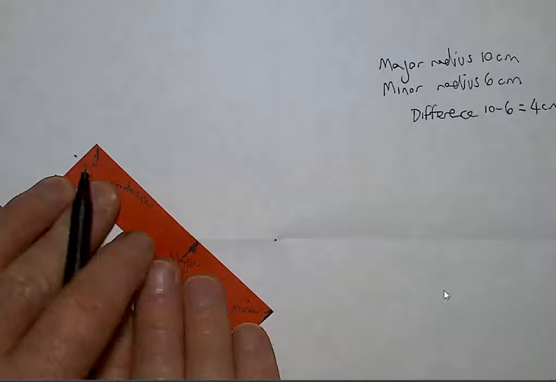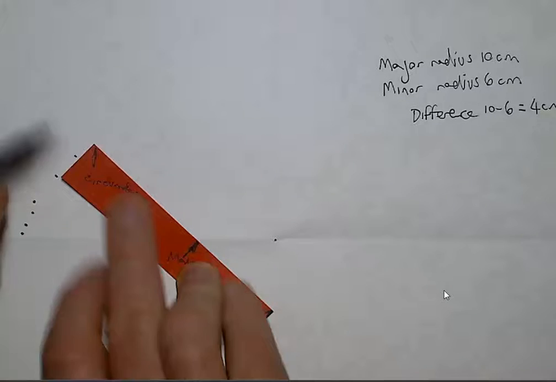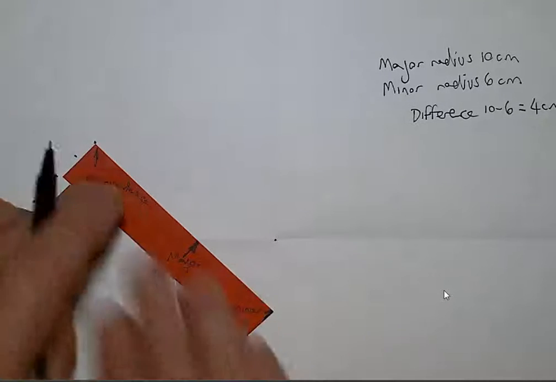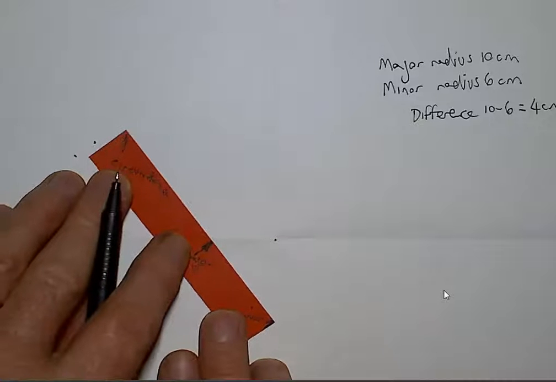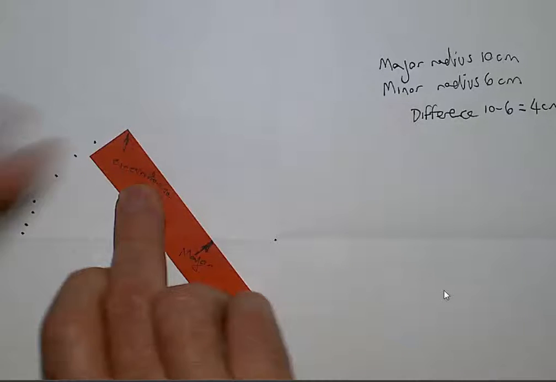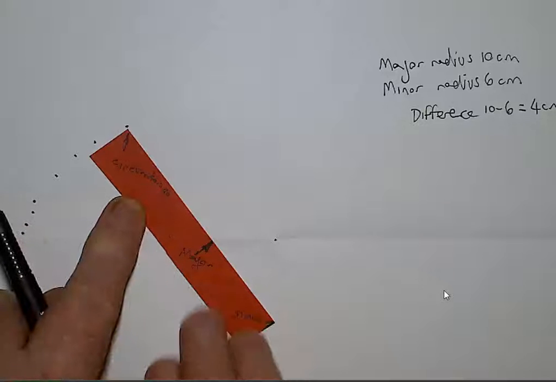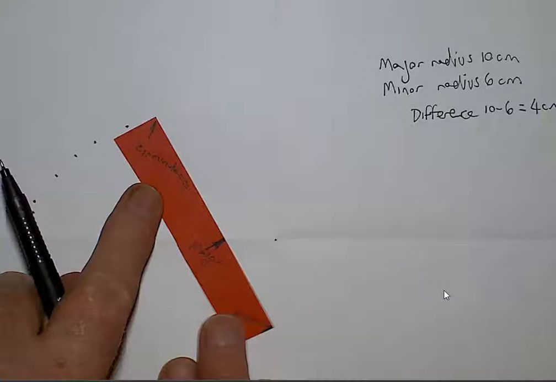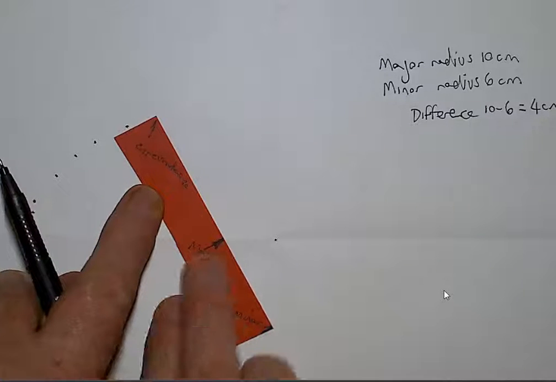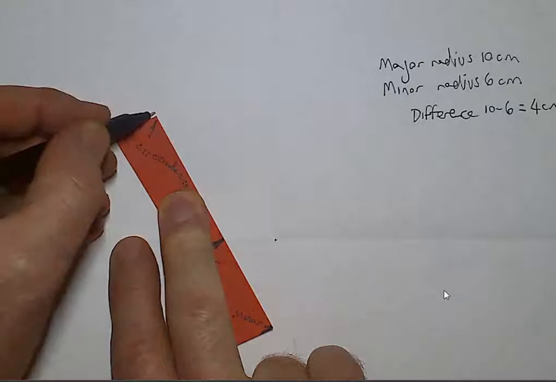We've got a point here, minor, major, circumference. And you might be able to see that what I'm forming is a whole string of points around here, which are points on the circumference of the ellipse.